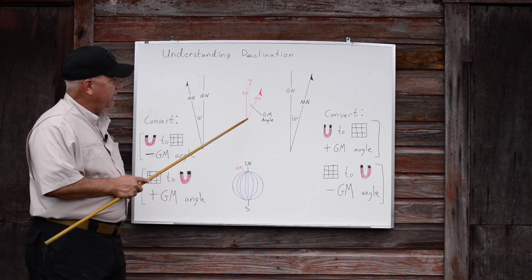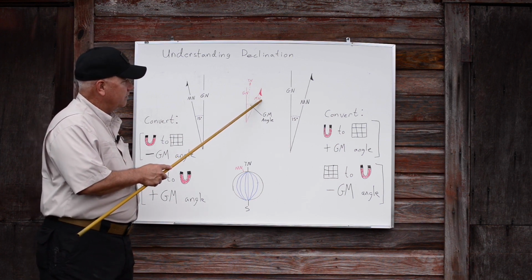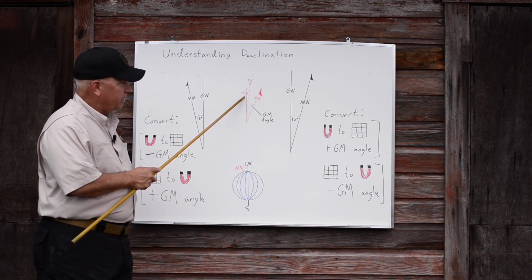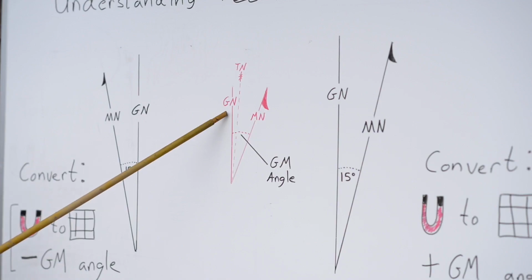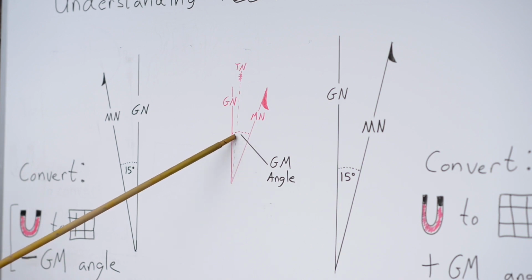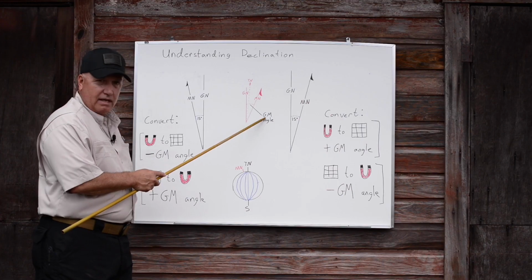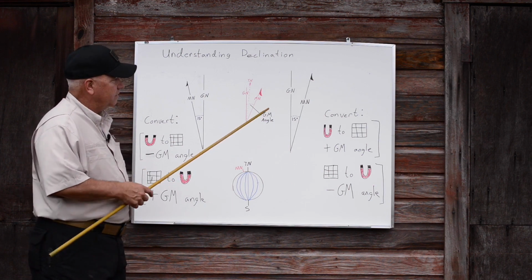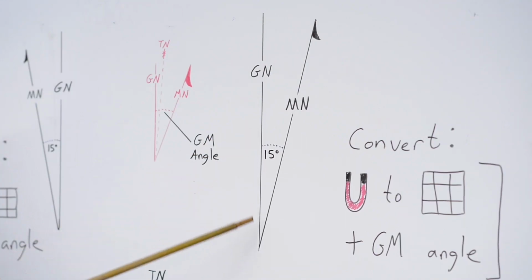So basically what happens is, this is where your compass is pointing. This is where the north grid line is on your map. The distance or angle between those two is known as the GM angle, and that's what we have to correct for. What we have here is a representation of grid line.